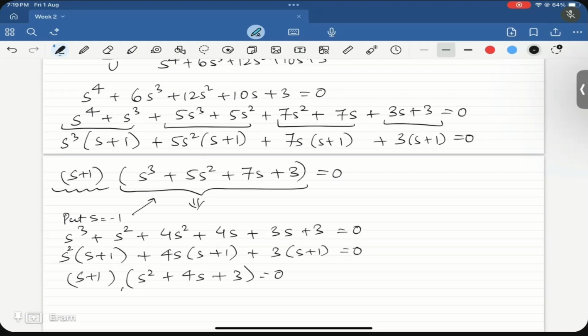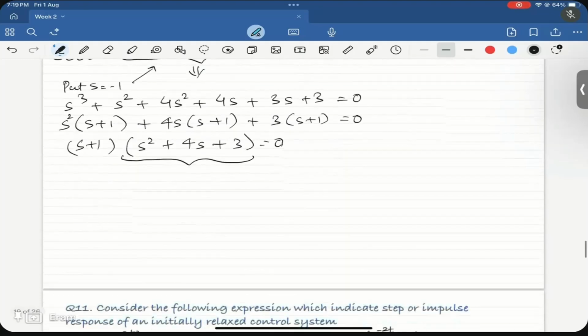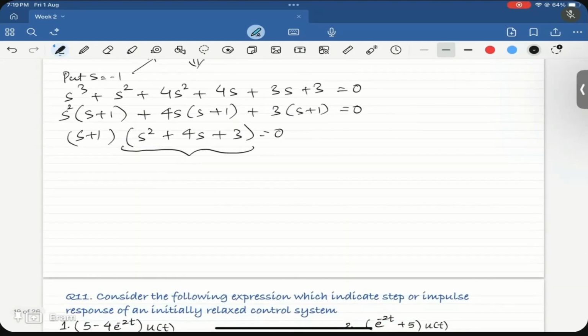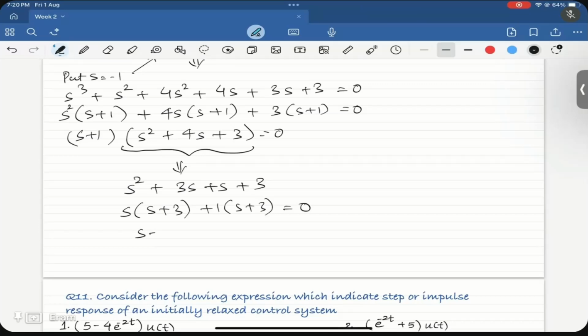Okay, now we are left with this polynomial. Now again if you put s equals -1, you will see that this term is 0. And this term is easy to factorize because it is just a second order polynomial. So we have s plus 1 and s plus 3.